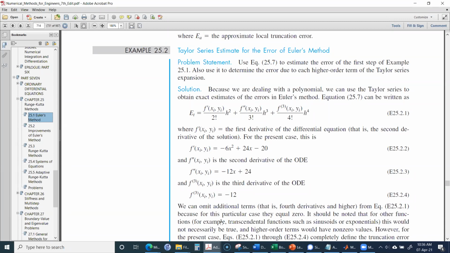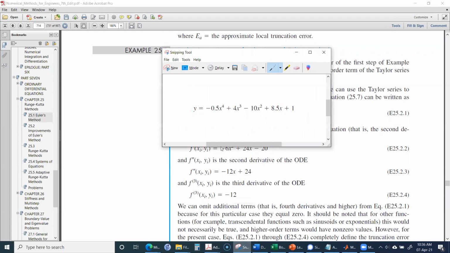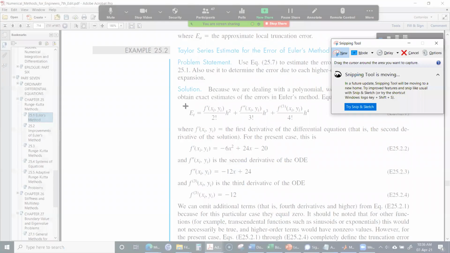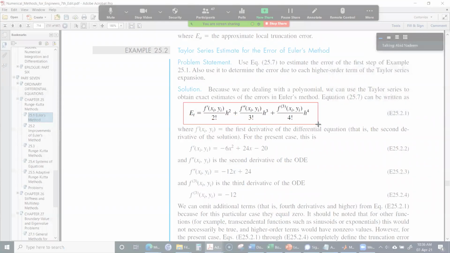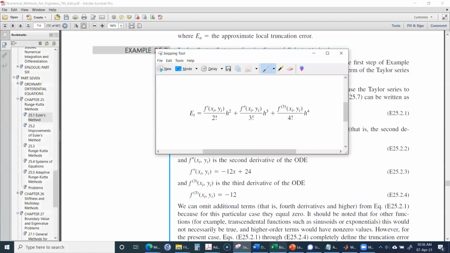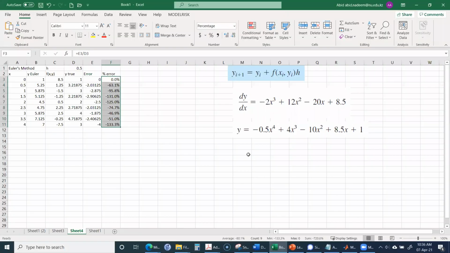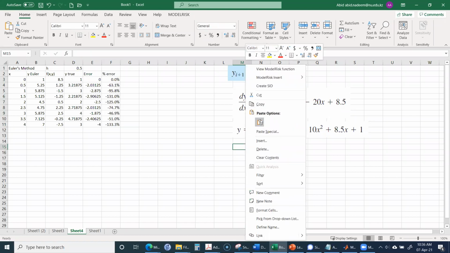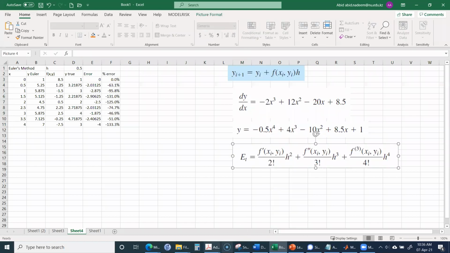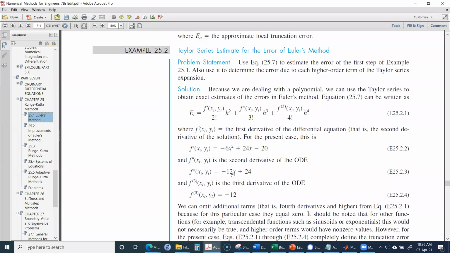So let's put these derivatives into Excel. This is the equation.